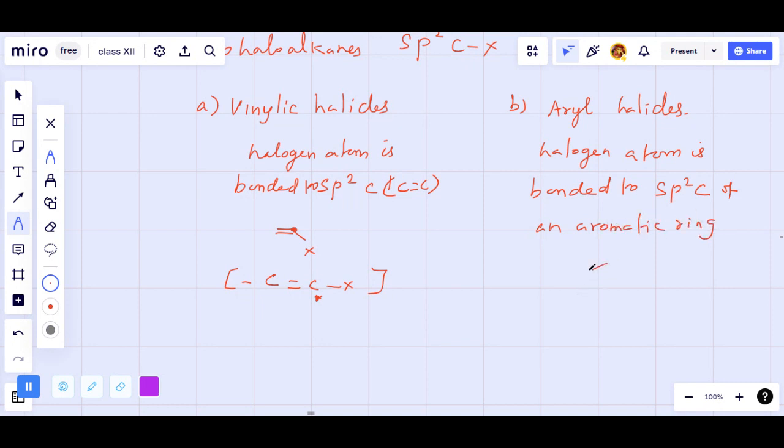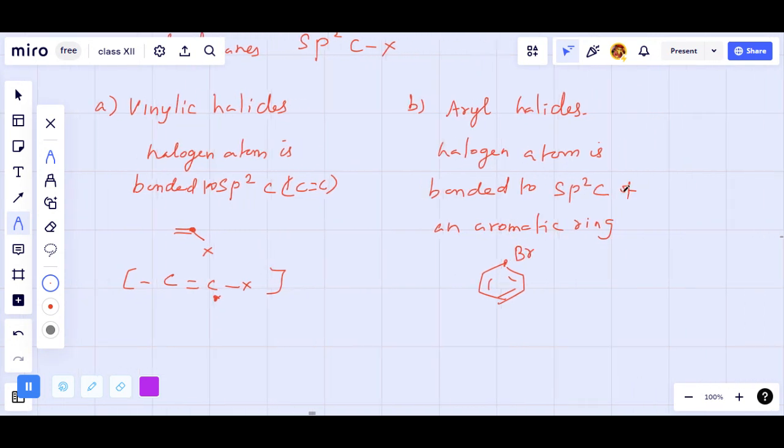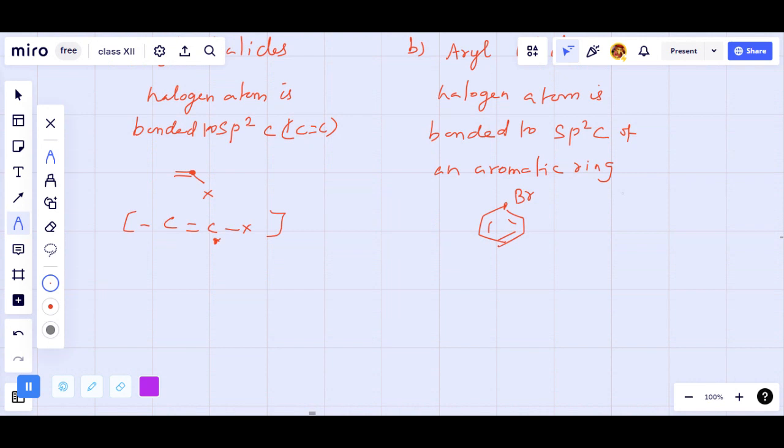For example, this is an aromatic ring, and all the carbons are sp2. Here, if the halogen atom is attached to the sp2 carbon itself, then it is an aryl halide. So this is an example.